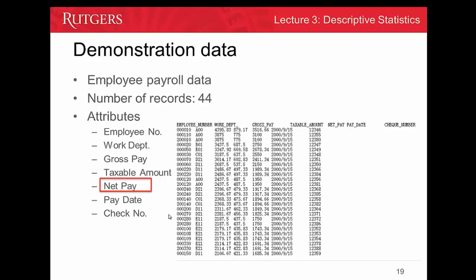The attribute we're going to use here is the net pay. The reason I chose a different data set to demonstrate the quantitative data is that I'm trying to show you again the data input process for you to get more familiar with the software.